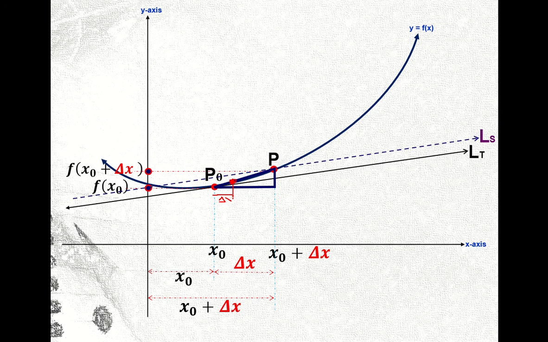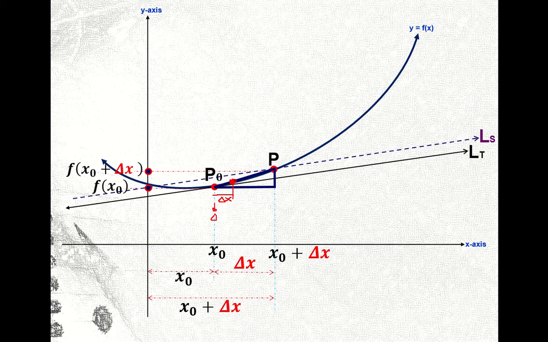So what will happen is that we will form a right triangle, class. You see this triangle here, which is not really a right triangle at the beginning because of this curve, and now it becomes a right triangle as P gets closer and closer to P sub 0, and our delta x is getting closer to 0, because at this point here, our delta x is equal to 0.